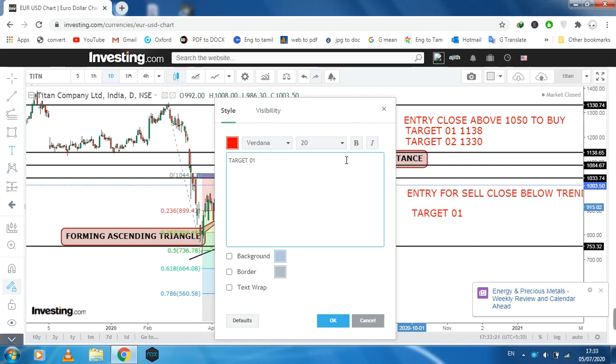So the target is 750. Okay, but Fibonacci also needs to go down some, but I think 750 is a good target. So again I mark this line.